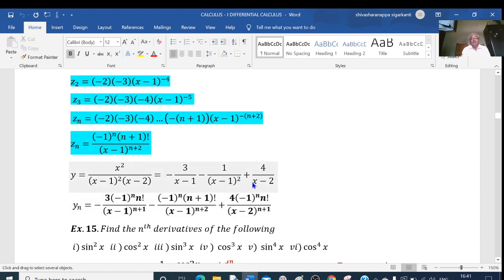Nth derivative of 1 by x minus 2 is minus 1 to the power of n factorial divided by x minus 2 to the power of n plus 1. So this is the nth derivative.